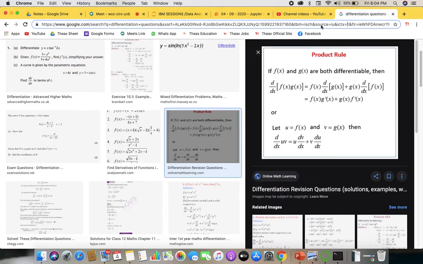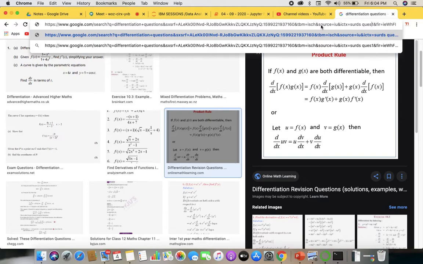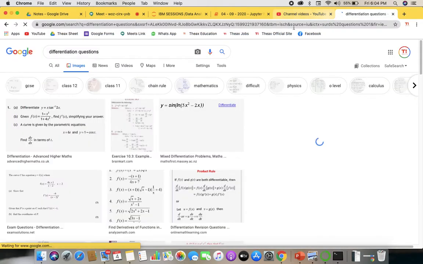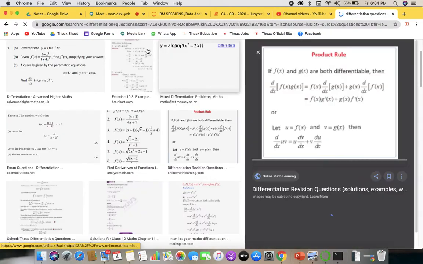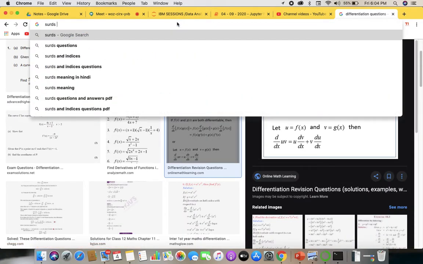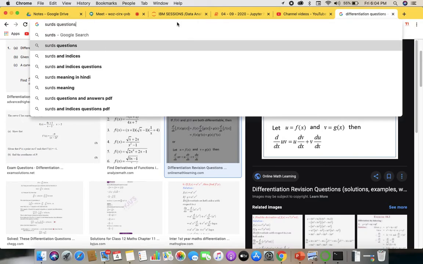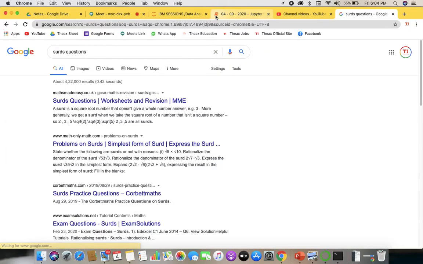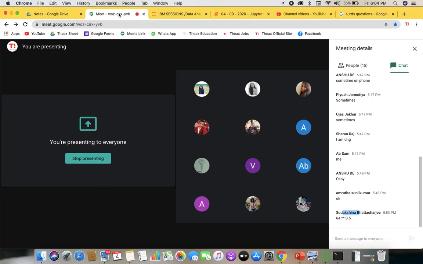I have solved surds a lot. How many of you have studied from FIITJEE? Anyone there? Gone to FIITJEE, Akash, Kota, anywhere?